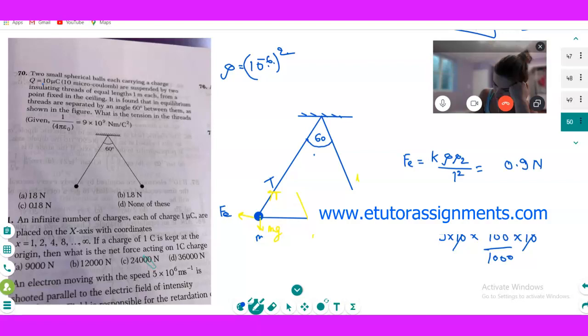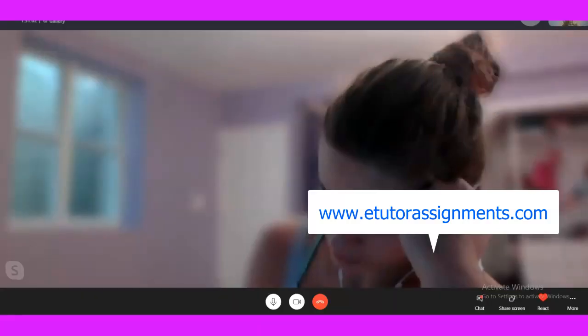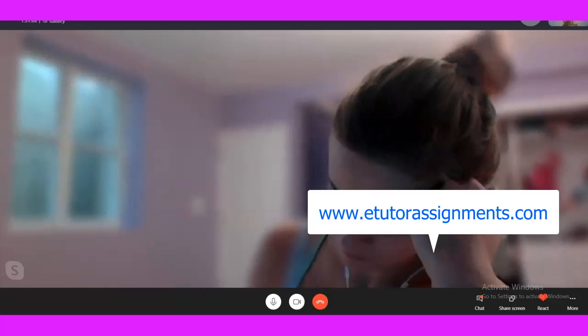T cos 60 is equal to mg, and T sine 60 is equal to Fe.